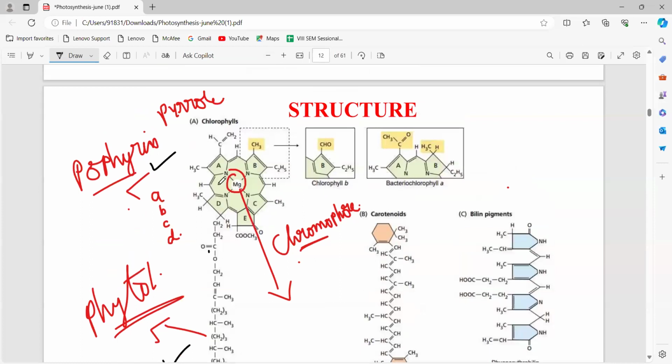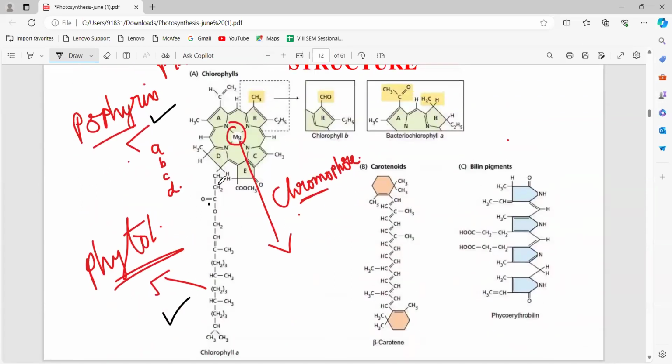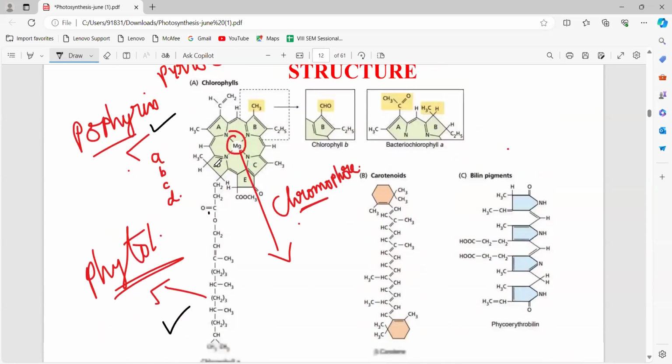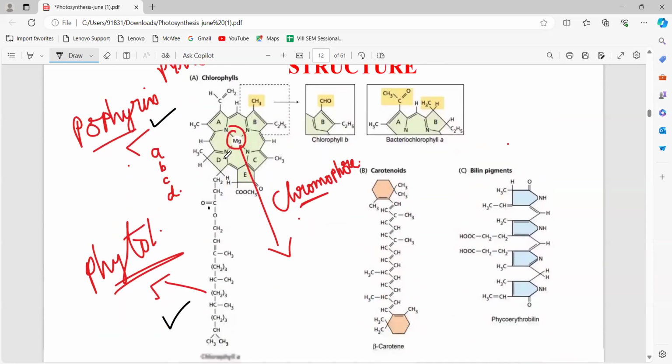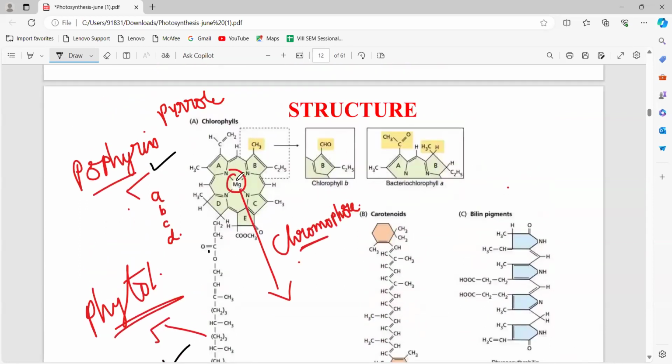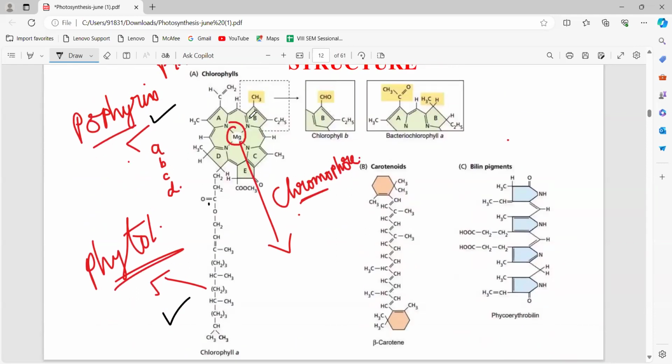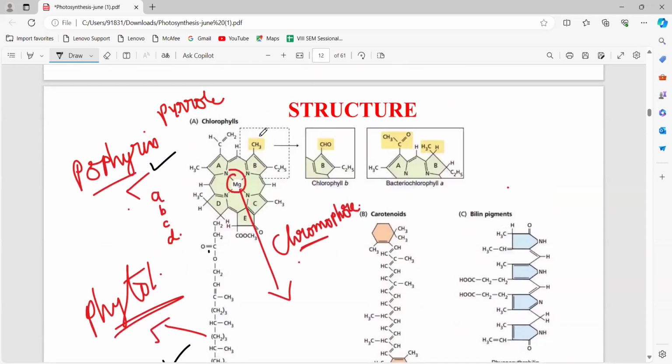Now the question is very clear: how are we going to differentiate one chlorophyll molecule from another? That is the crucial point here. One chlorophyll molecule can differ from another, friends, exclusively based on their side chain. You can consider solubility as one of the parameters, but it is not a major parameter. Majorly we will consider it based on the side chain.